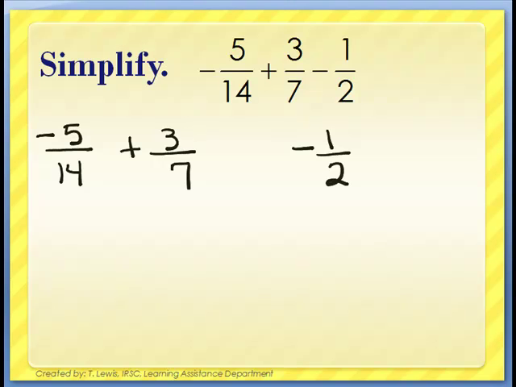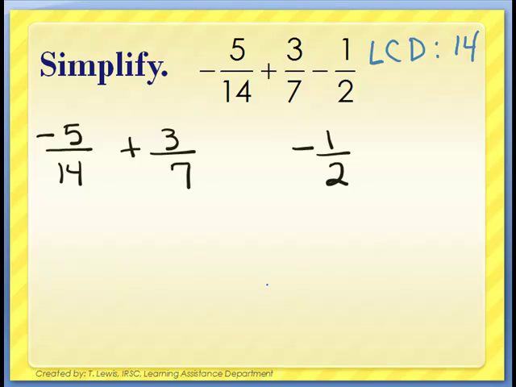We want to find the least common denominator for 14, 7, and 2, and the LCD is 14. So at this point, we want to ask ourselves, which fractions will we have to convert? Is it all 3, 2 out of 3, 1 out of 3 here?